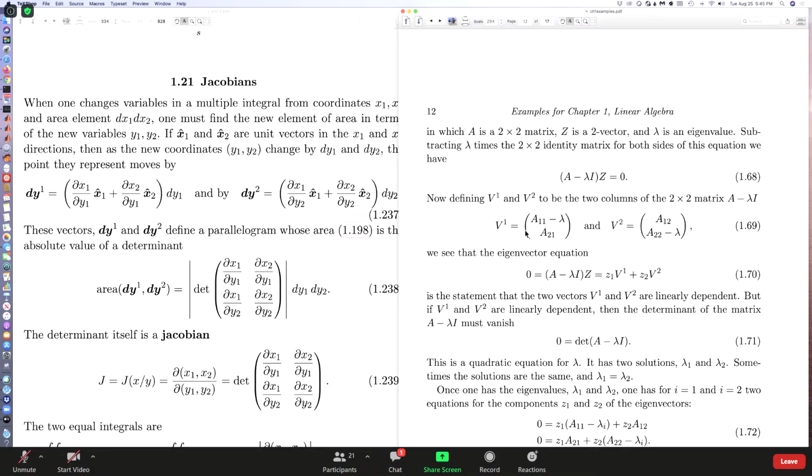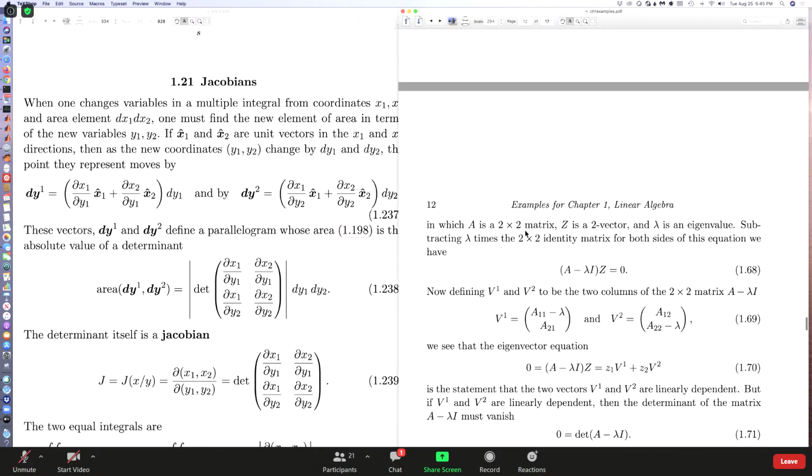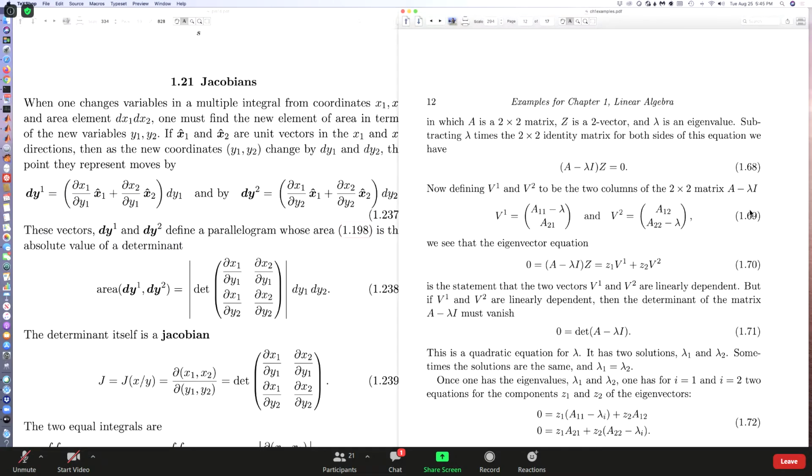We can think of v1 and v2 as these two-dimensional vectors, and the eigenvector equation then looks like this. It's just the statement that the two vectors v1 and v2 are linearly dependent. And that means that the determinant of the matrix formed by these two columns has to vanish.